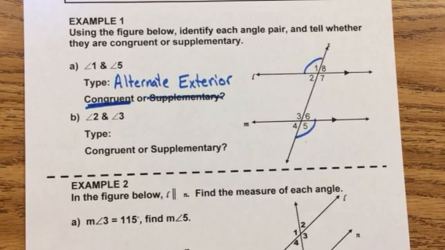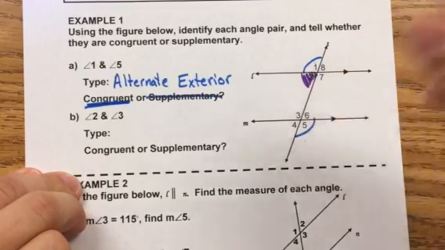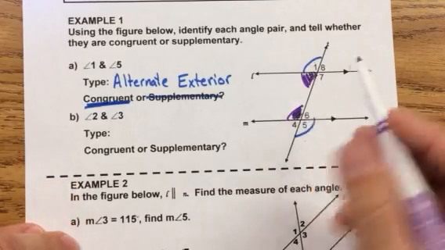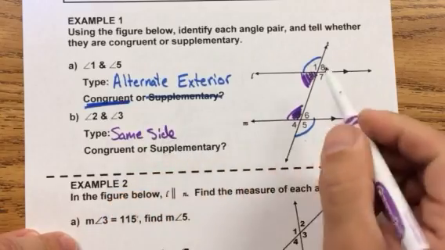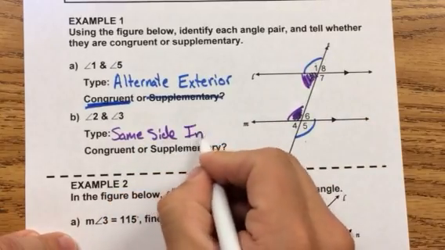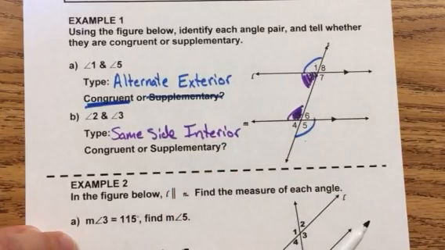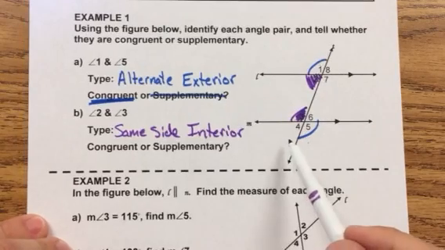So, let's look down at angle 2 and angle 3. I'm going to go ahead and switch colors for you to help you out a little bit. Angle 2 will be right here. Angle 3 will be right here. So angle 2 and angle 3 are on the same side, and they are on the inside or the interior. Now, got two options. Every angle pair, when we are talking about parallel lines, every angle pair from that transversal has a relationship.